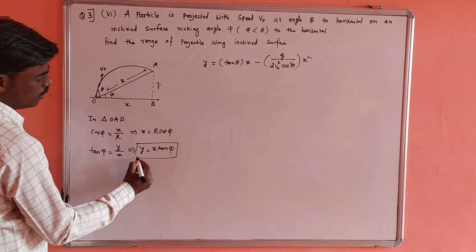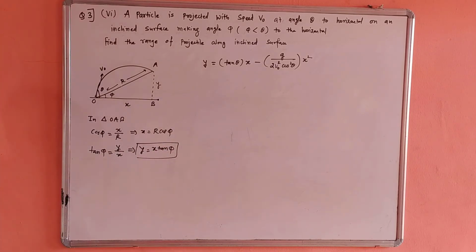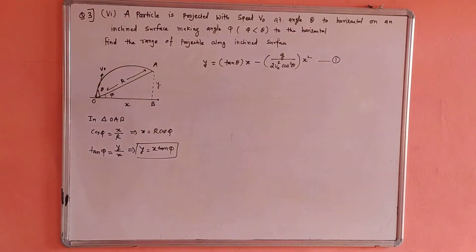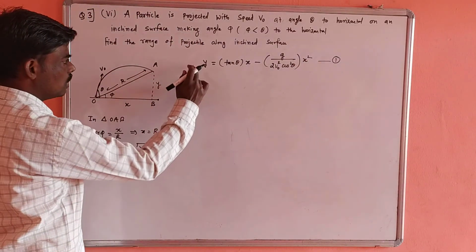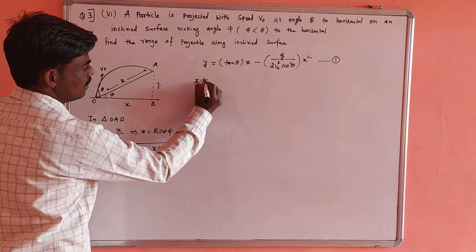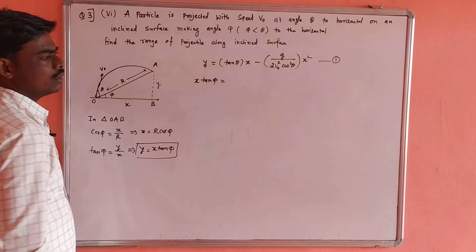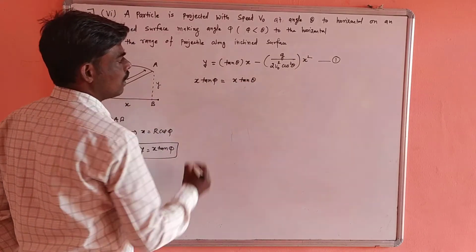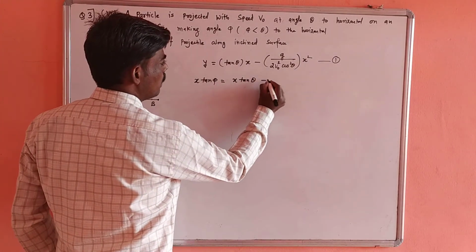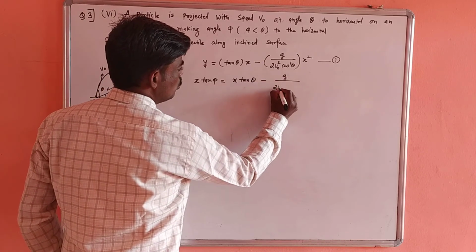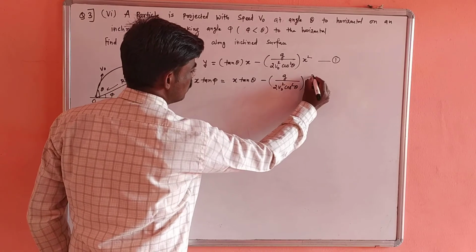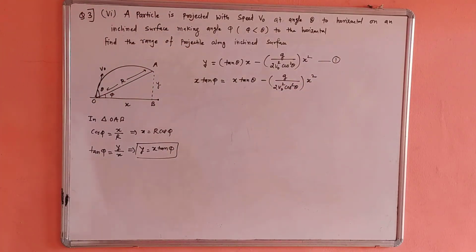So substitute this value y is equal to x tan phi in the equation of projectile motion, that is in equation 1. What we get is x tan phi is equal to x tan theta minus g upon 2v0 square cos square theta outside the bracket x square.